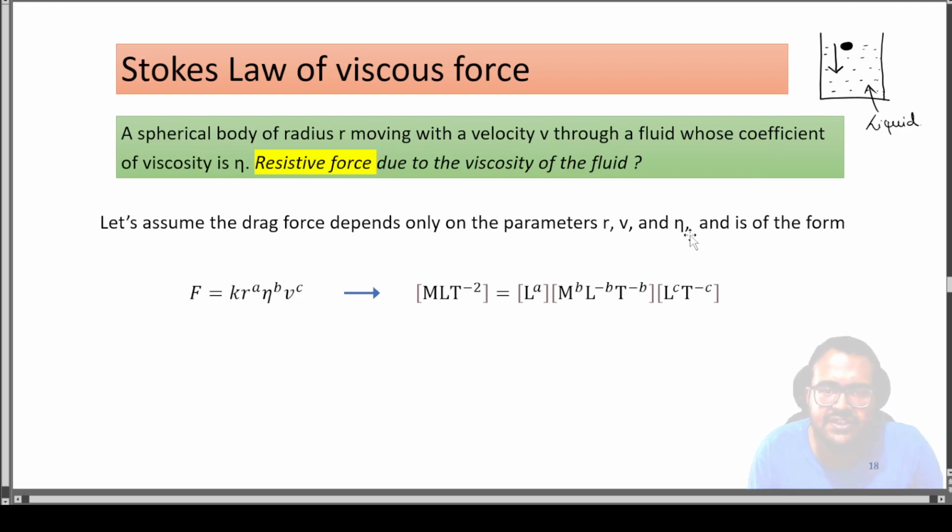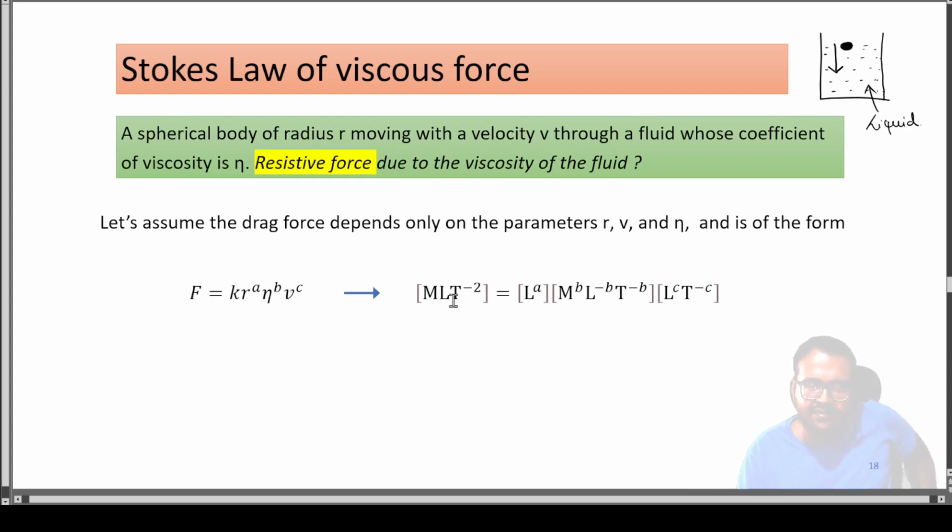But I initially take only r, v, and eta as the dependent variables of that force. In many unknown problems in physics, we start by saying this may depend on these variables only. Now we do the dimensional analysis and check how this force depends on r, eta, and v.